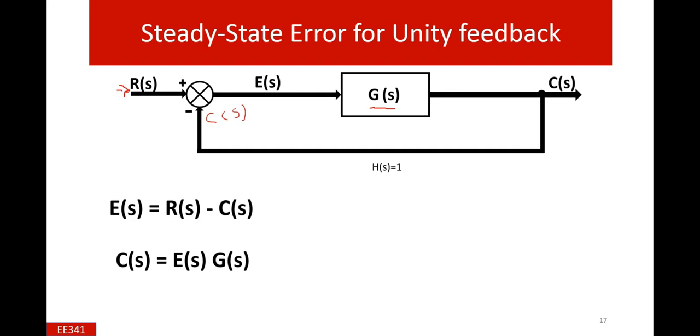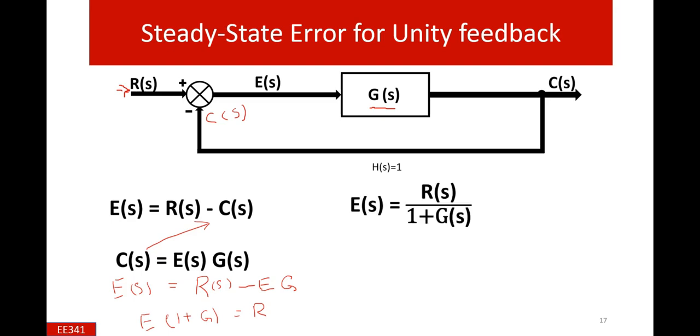If we put the value of this C(s) in E(s), then E(s) is equal to R(s) minus E times G, and if we take it to the left hand side, then E times (1 plus G) is equal to the input signal.